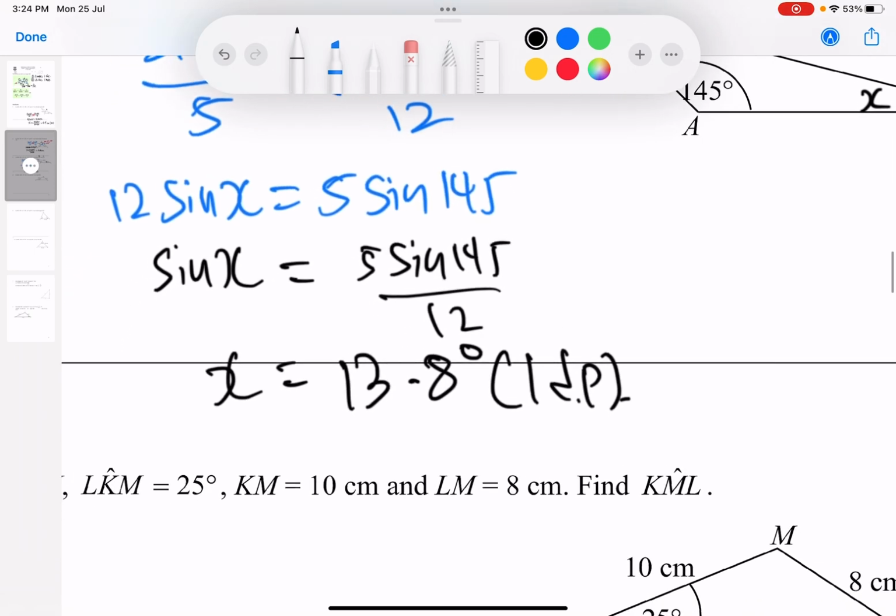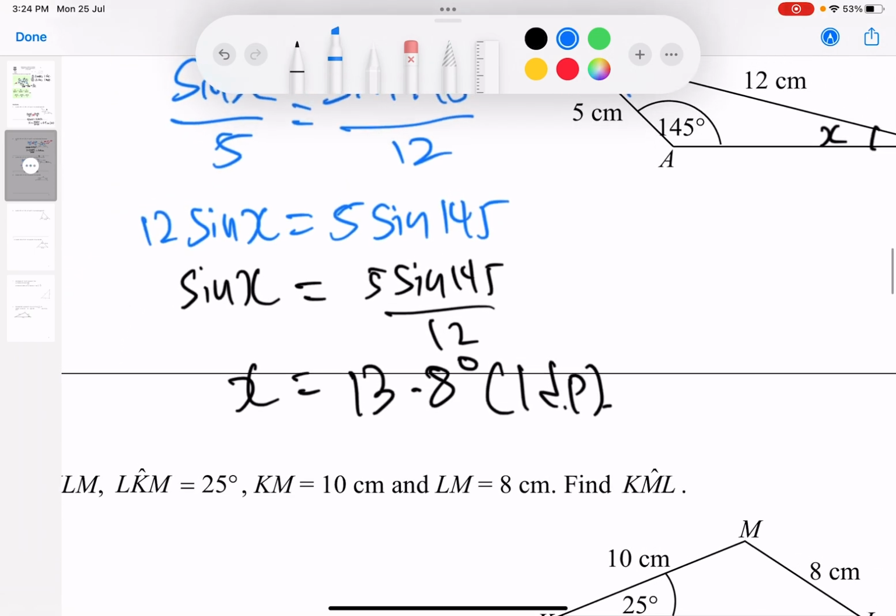How did I get 13.8? Let's work it out together. Until this part, is everyone okay? So if you want to find sine x, we take 5 sine 145 divided by 12. Make sure that your calculator is in the degree mode. Let's calculate together.